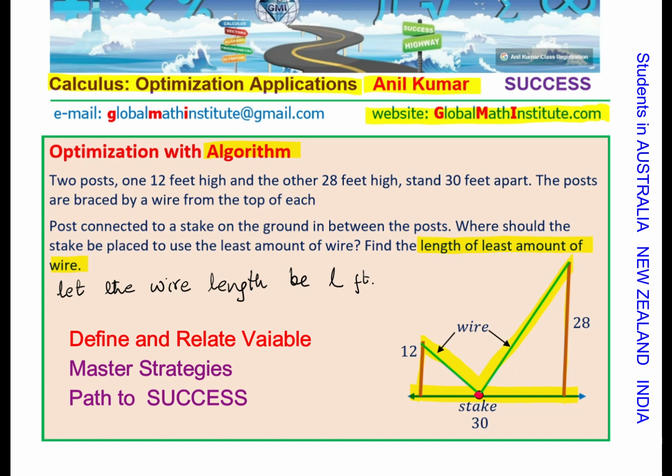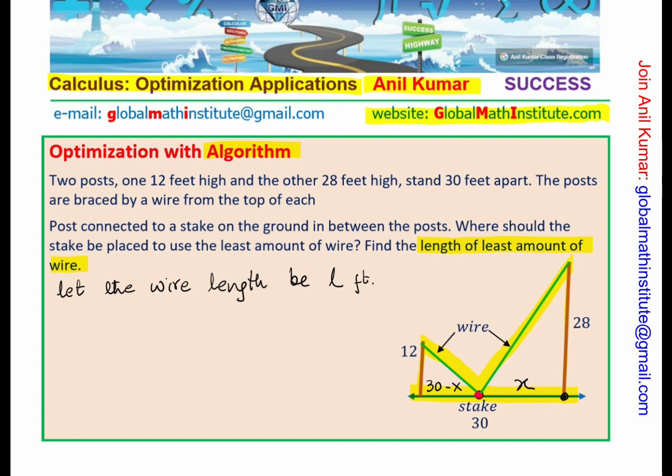Now, the step involved: we need to find this length of the wire. Let us relate it, imagining this is the point where the stake distance is x. Then, for the 12 feet pole, it will be 30 minus x, correct? So that makes the total distance.